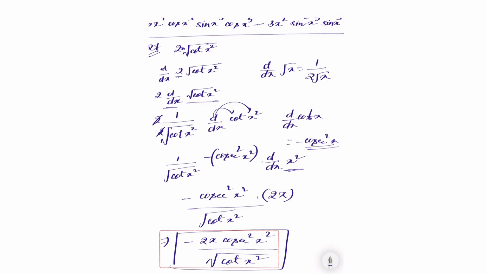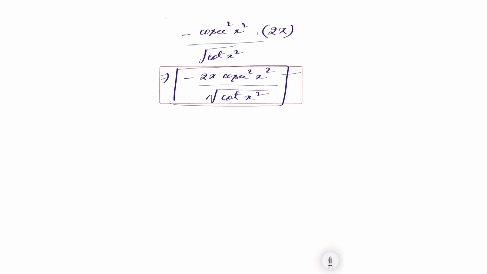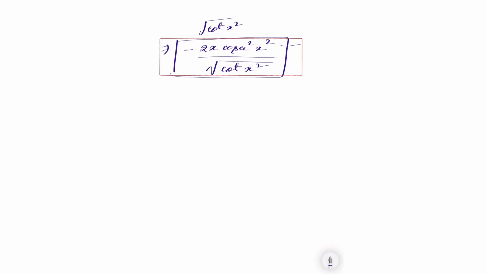This answer is also correct only. In NCERT, if you are looking at the back side answer page, you will be finding a different answer. Don't get confused. This is correct only. To prove that one, only trigonometric transformation has been done with this answer.